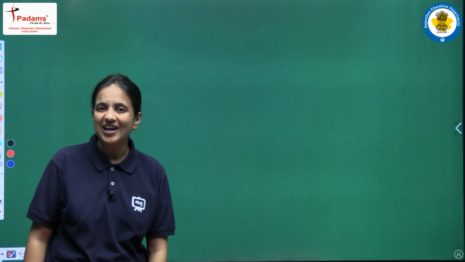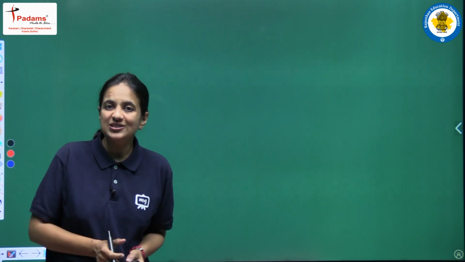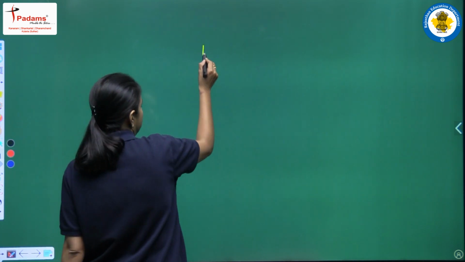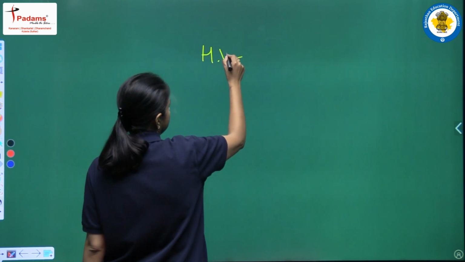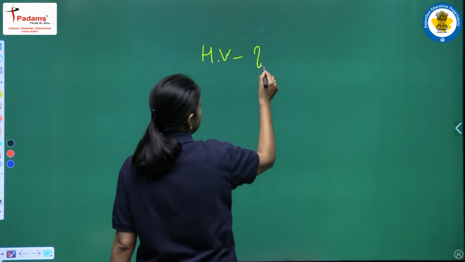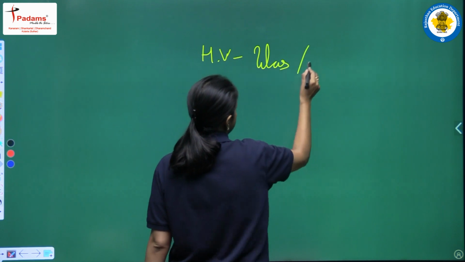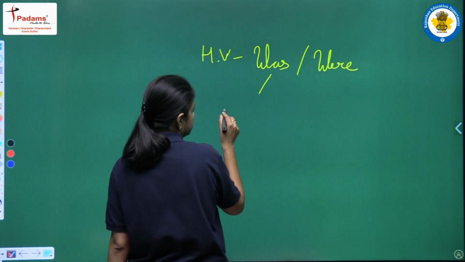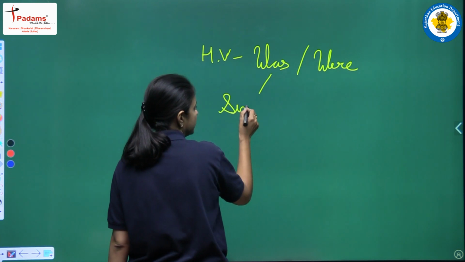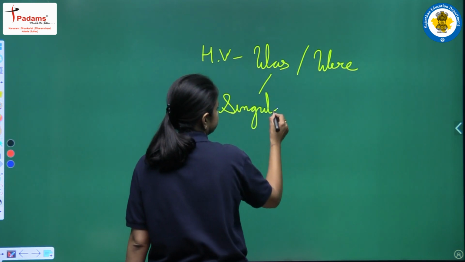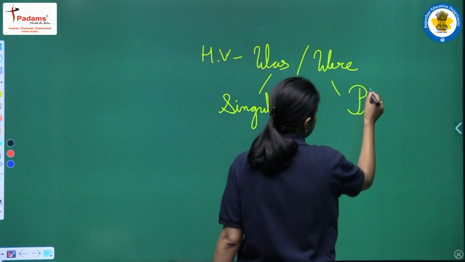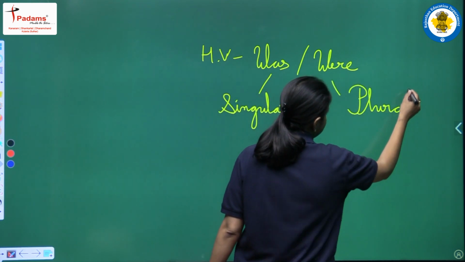One more time, let's see all the rules related to past continuous tense. First of all, let's talk about the helping verb. We have two helping verbs in this tense. First is was, second is were. Was is always used for singular subjects and were is used for plural subjects.